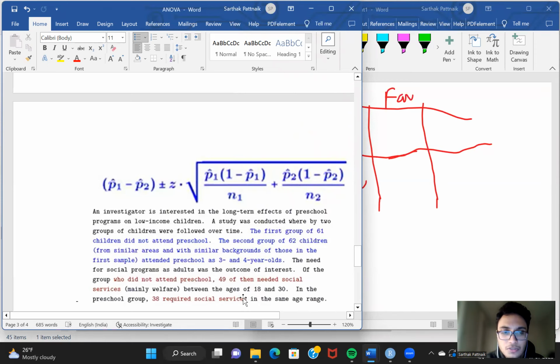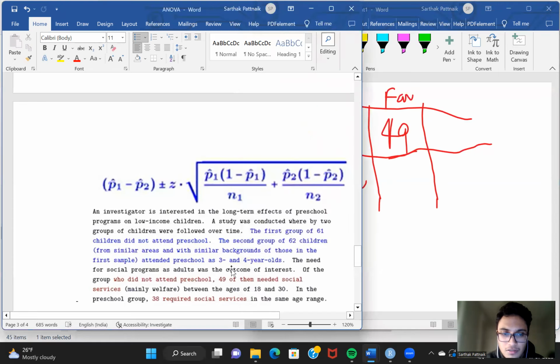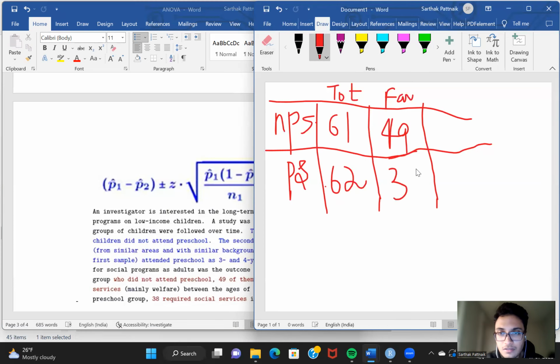And out of those who did not attend preschool, 49 of them needed social services. And in the other group, 38 required social services.